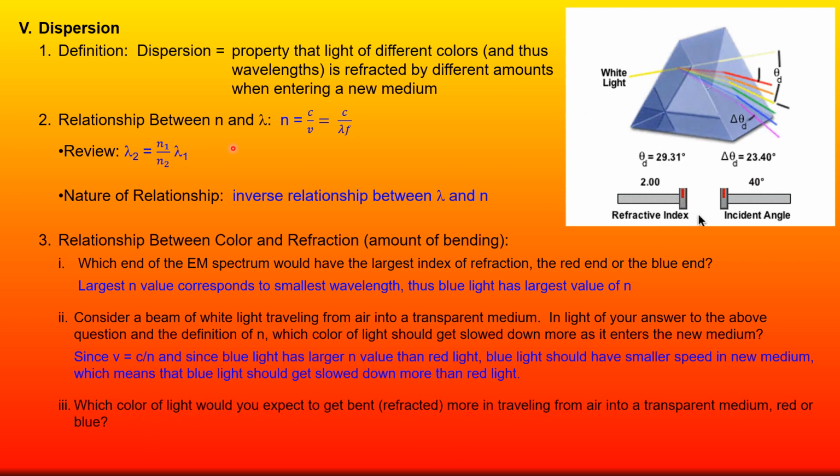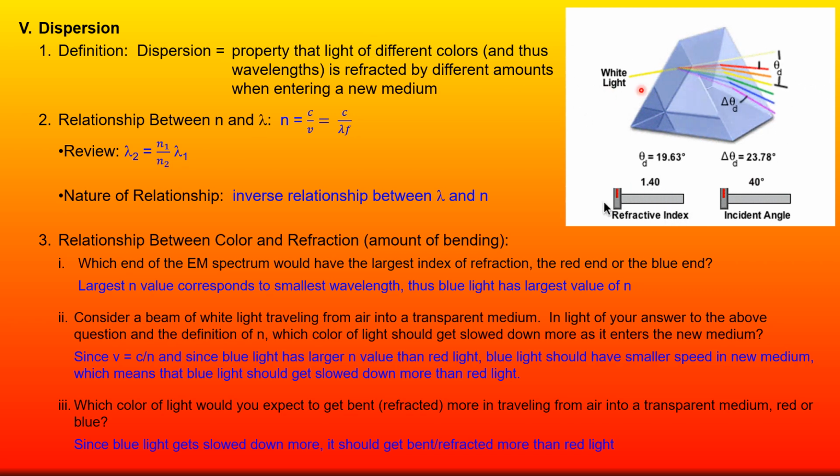And if I then ask which color of light you would expect to get bent or refracted more in traveling from air into the transparent medium, the red or the blue, we would expect that since the blue light gets slowed down more, it also will get refracted more than the red light. And so you see here in the simulation that the violet or blue light gets bent much more than the red light.